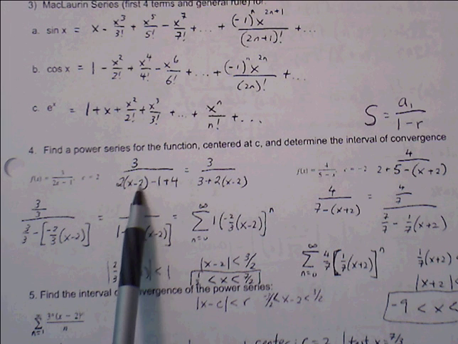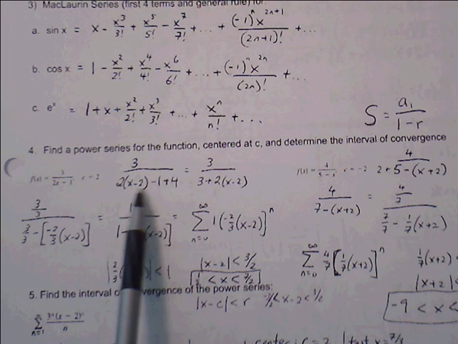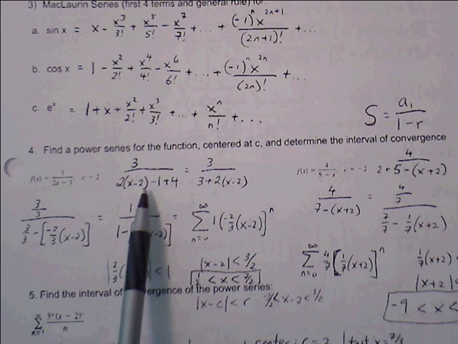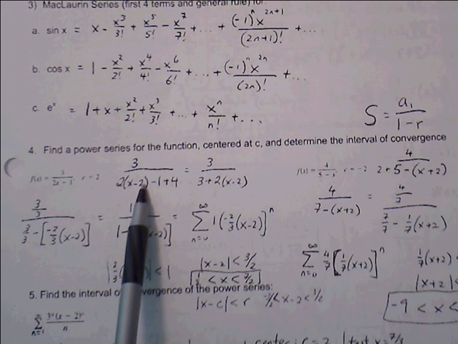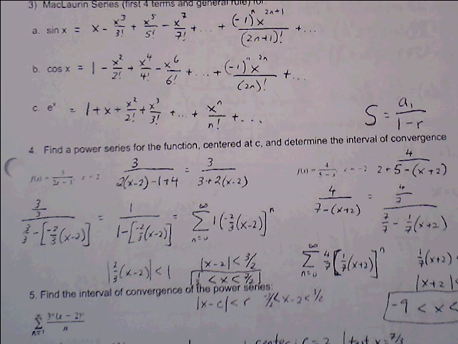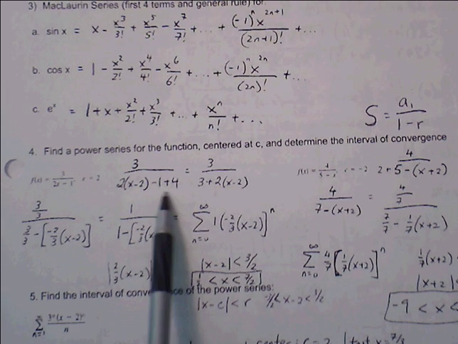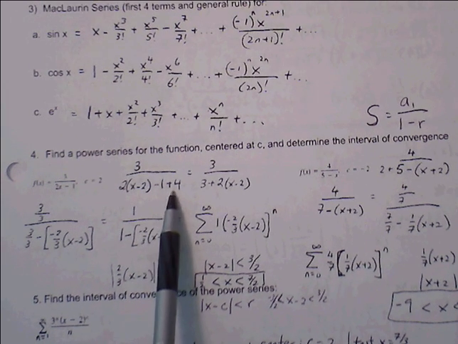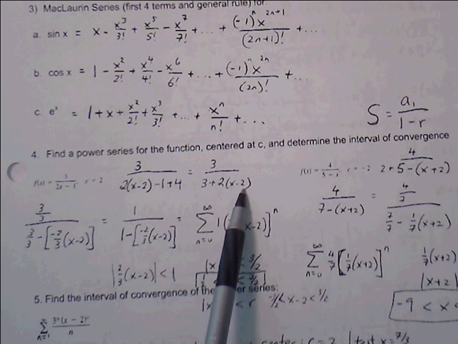So 2 parentheses x minus 2, minus 1, plus 4, and that plus 4 is to help cancel out the fact that we're adding a negative 2, which after being distributed will become a negative 4. Okay, so if we combine terms here, we get 3 plus 2 times x minus 2.